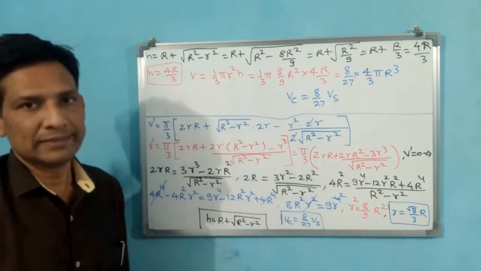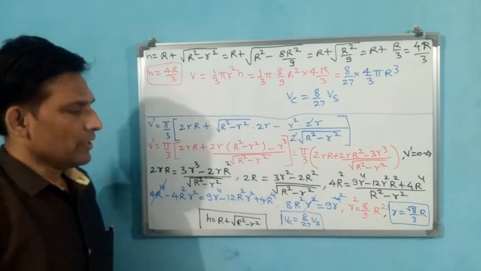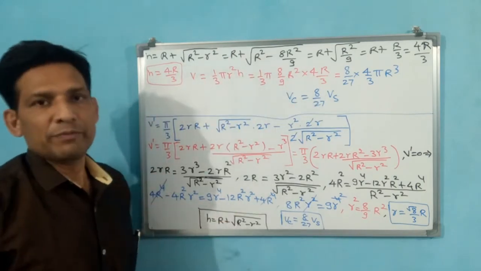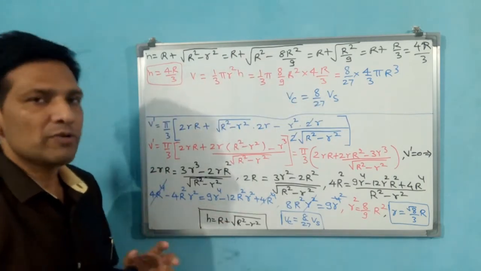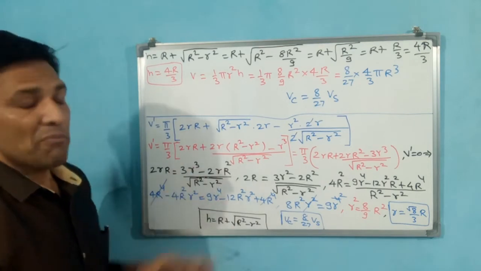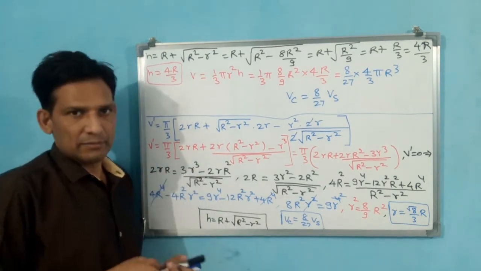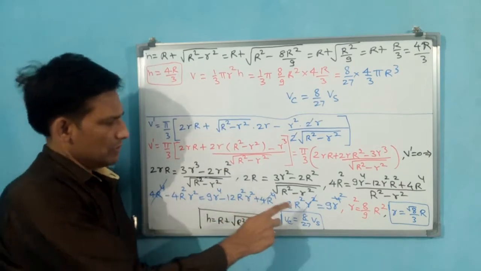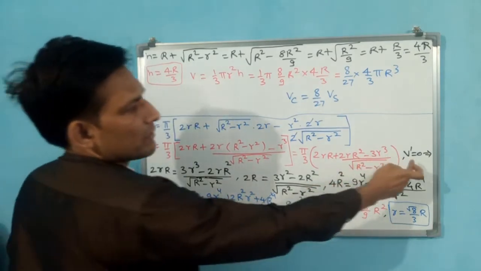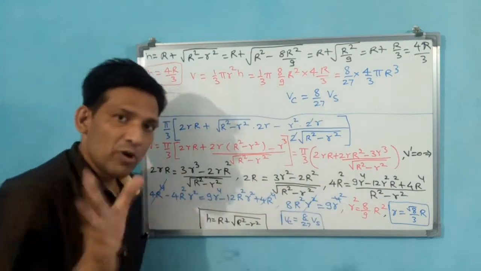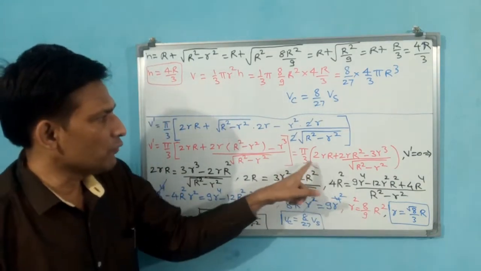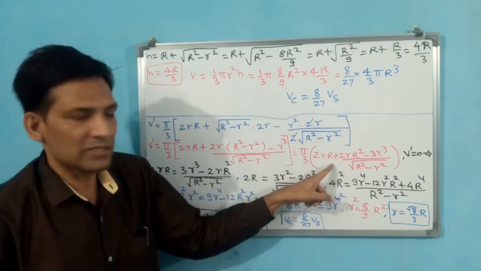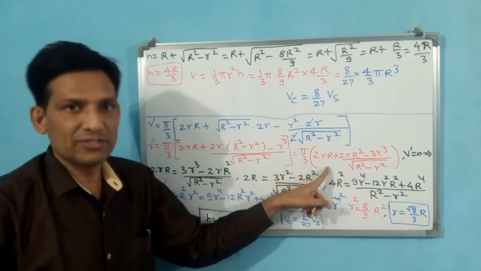Okay, we have proven. Now you see, have we completed this question? Partially we have completed. Why? Because he asked for maximum volume, and we have only done V dash equal to 0. V double dash we have not done. If you differentiate again, it should come less than 0.